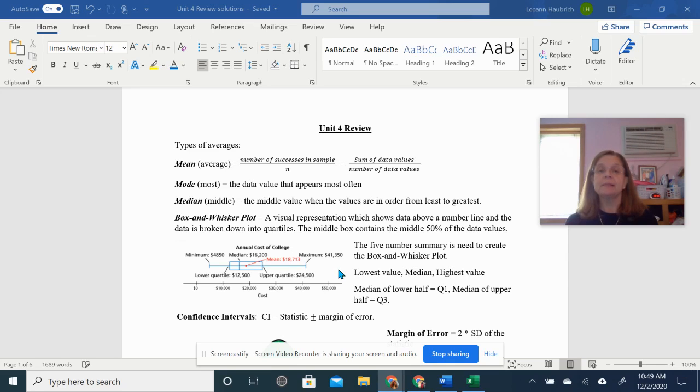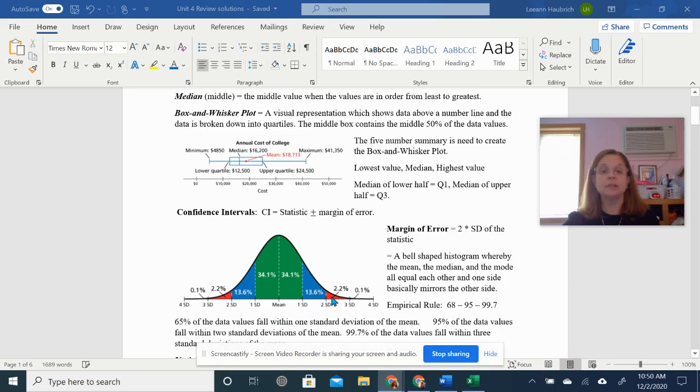If you have 7 data values on the top half of the other 14, then it's the fourth over, so it's like the 11th value. So it's the middle of those 7, the fourth over or fourth from the end, and that would be your upper quartile.